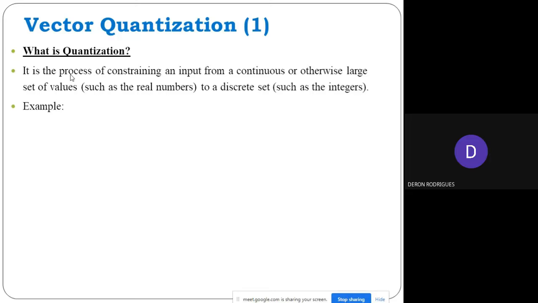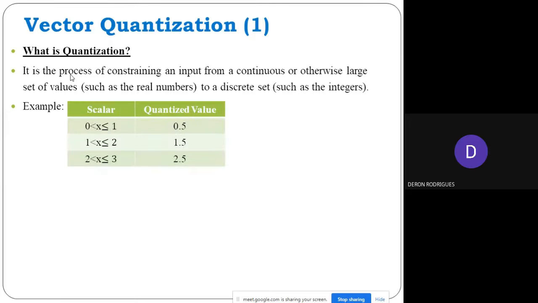Basically, it is a process of constraining an input from a continuous or large set of values to a discrete set. A simple example: if the value lies between 0 and 1, it can be anything, it can be 0.001, it can be 0.6, it can be 0.7. In that case the value will be assigned to 0.5.